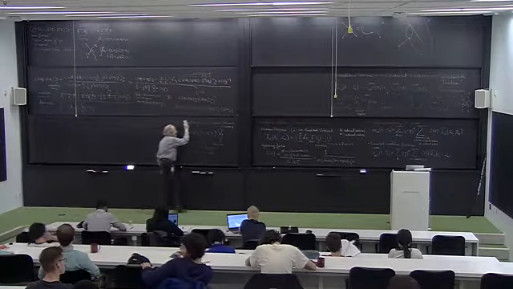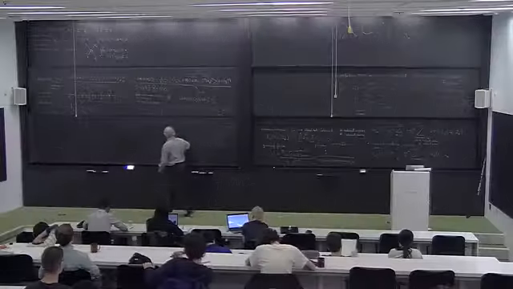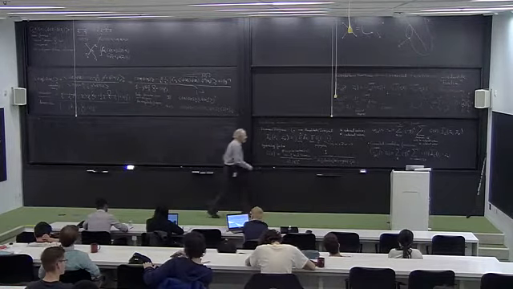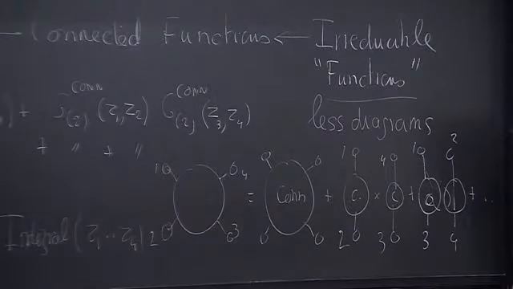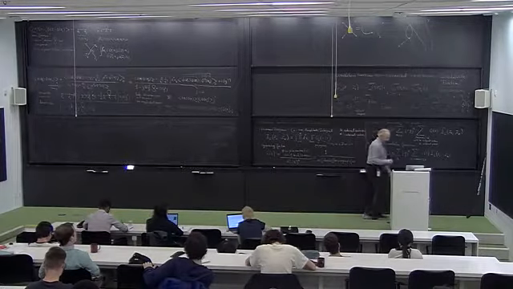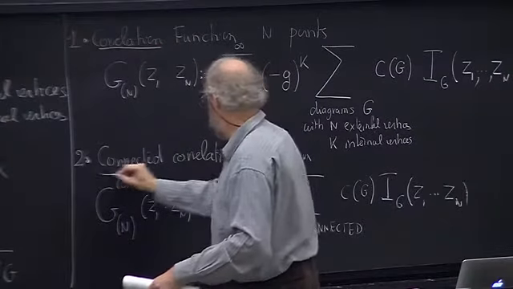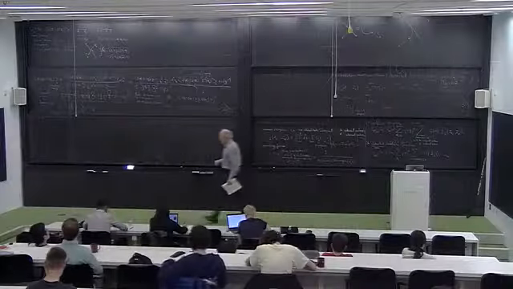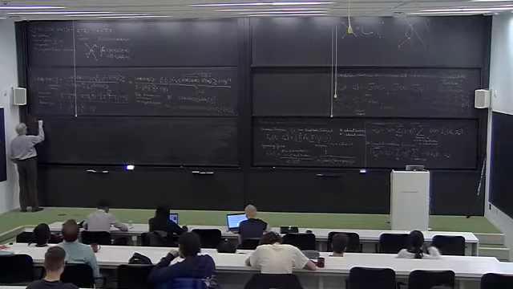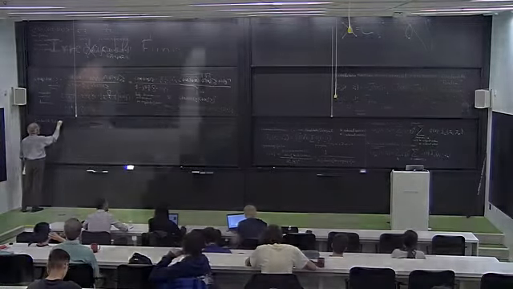I'm going to define what's called, so this is first the correlation function, second the connected correlation function, and third, the irreducible function.